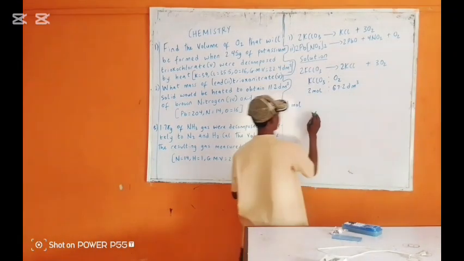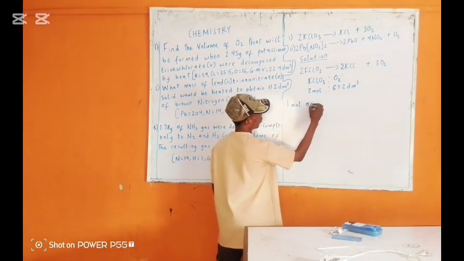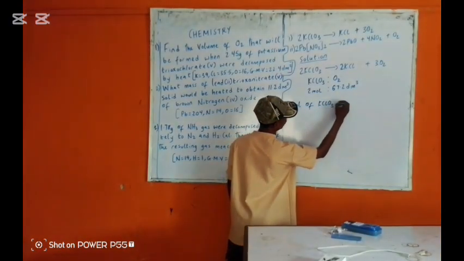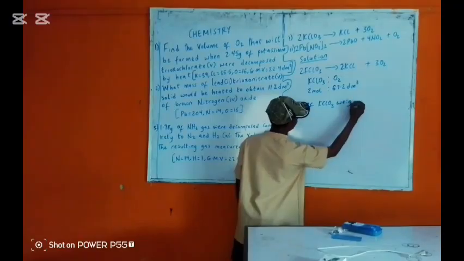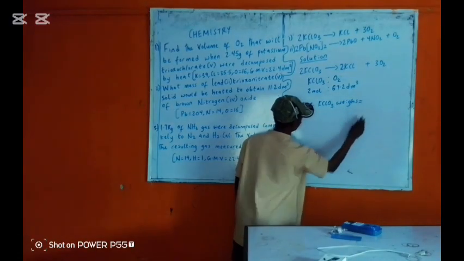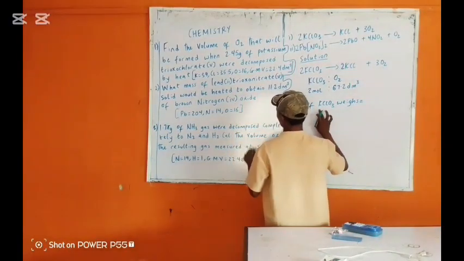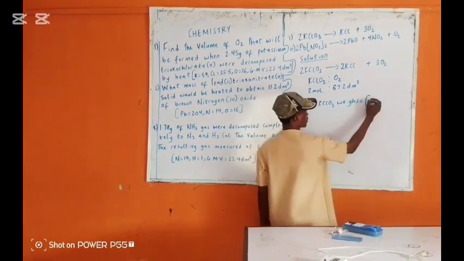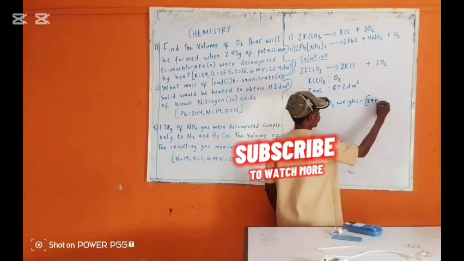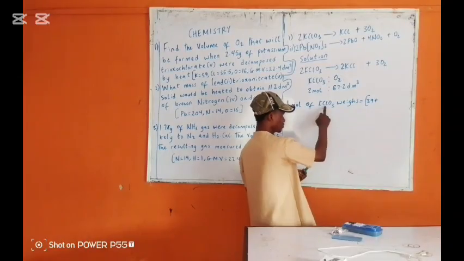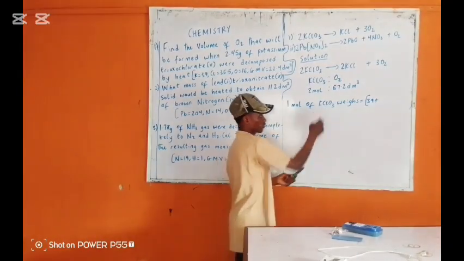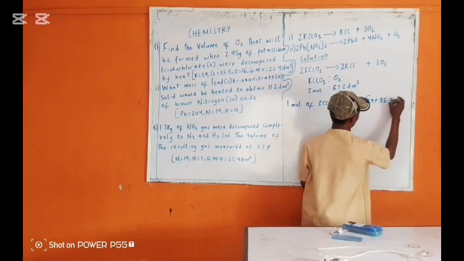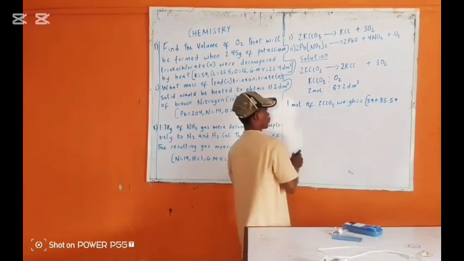So 1 mole of potassium trioxochlorate(V) weighs what? That will be equals to what? Potassium is what? 39. We have 39 plus what's chlorine? 35.5 plus what is oxygen?